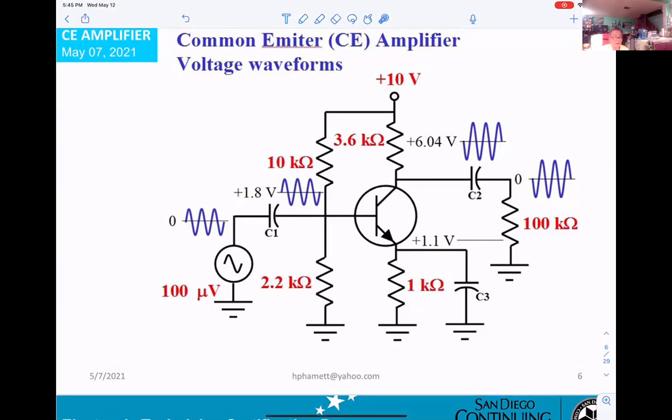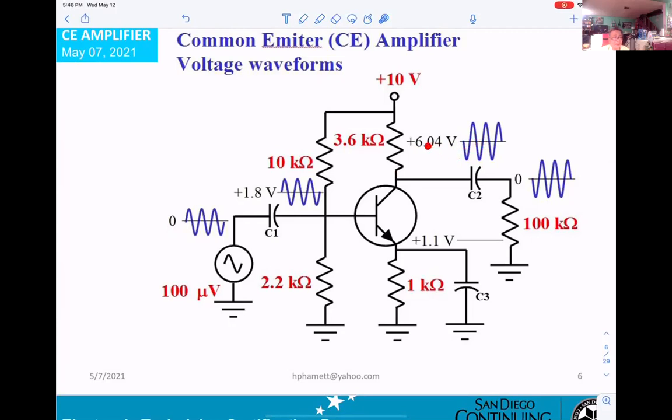Should your oscilloscope be set up for AC coupling or DC coupling? AC. Perfect. When you set it up for AC coupling, it does not display DC. So you can see it will look like 0 here. If you set for DC coupling, it displays both. One will be 6.04 volt and also this sine wave.